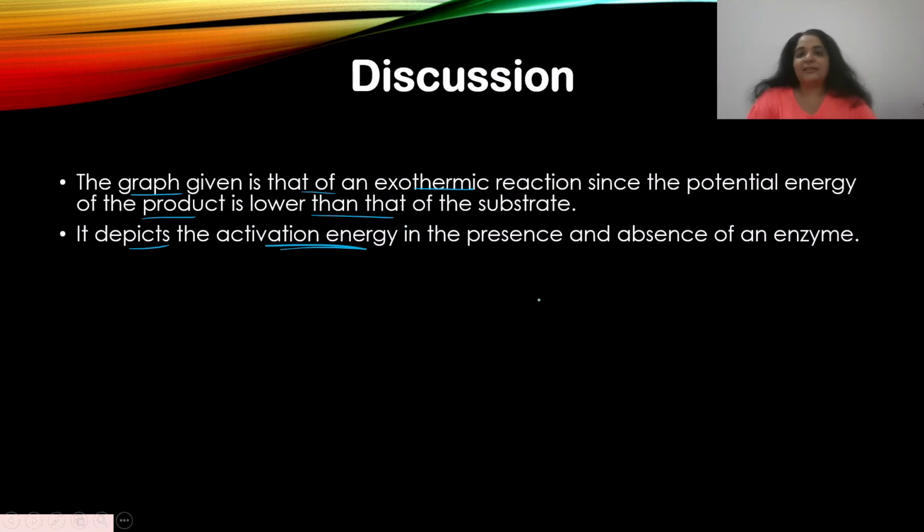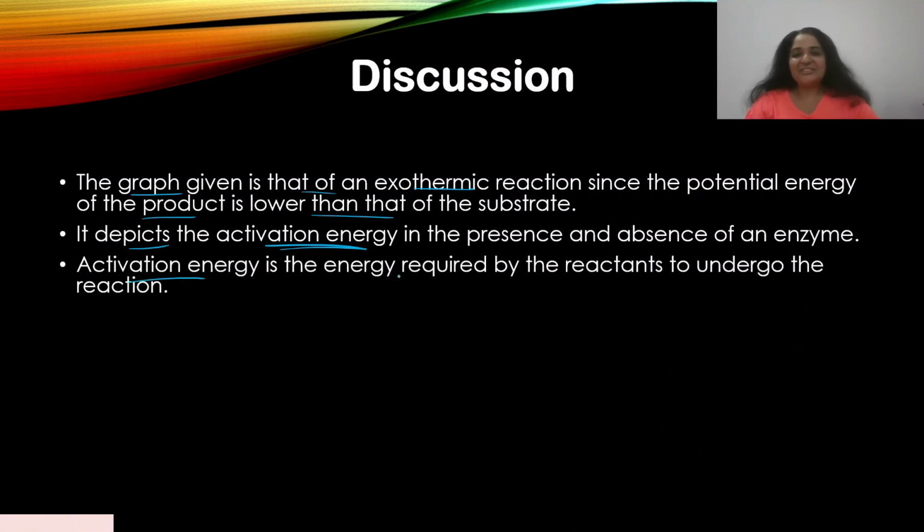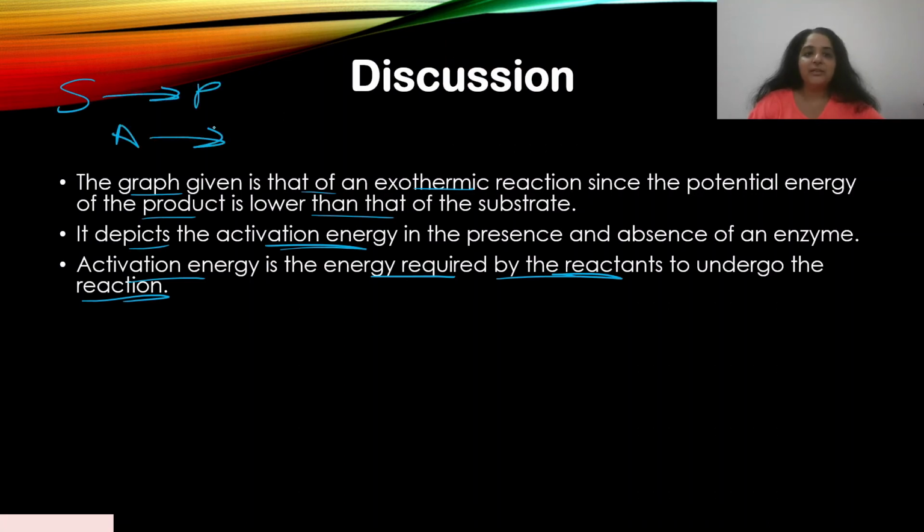Now, what is activation energy? What are we talking about activation energy here? Activation energy is the energy required by the reactants to undergo a reaction. Whenever substrate is converted to a product, it is like going from point A to point B, you have to move physically from A to B, right?